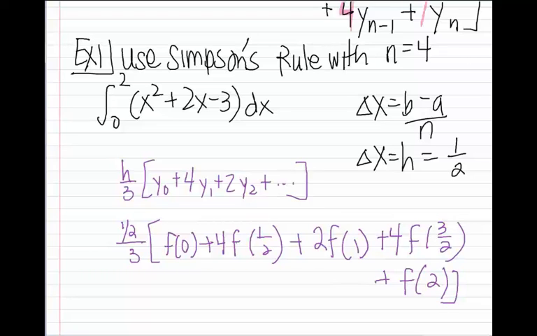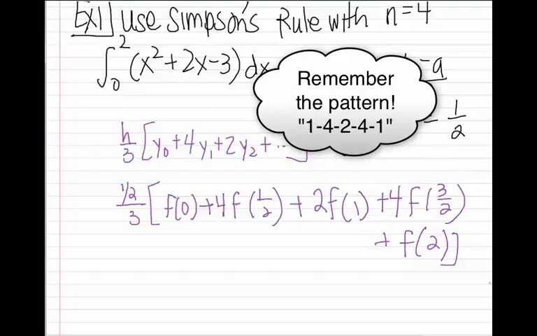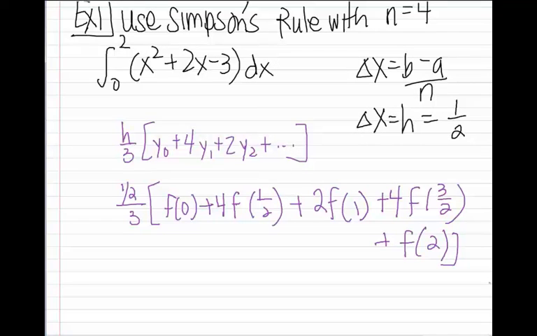So 1, 4, 2, 4, 1. And then you just plug in the values into your function and you have your answer. Okay, so Simpson's rule. Unfortunately, there aren't very many examples in your book to work out, but it follows much like how trapezoidal rule works, with the exception of the pattern 1, 4, 2, 4, 1.